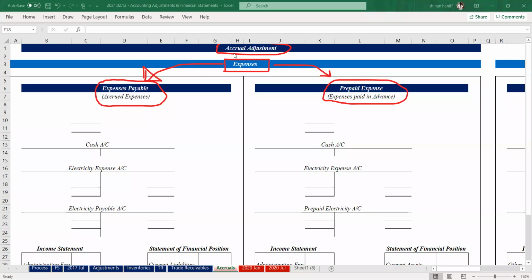Under the main heading accrual adjustment, and expenses, as the first step I'm going to discuss accrued expenses or expenses payable.